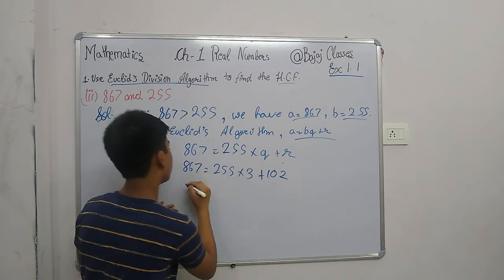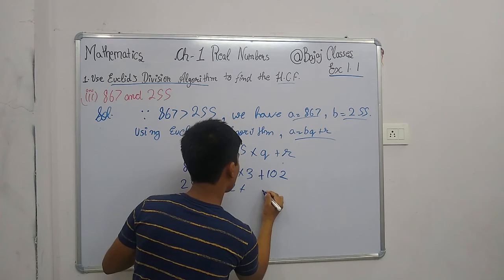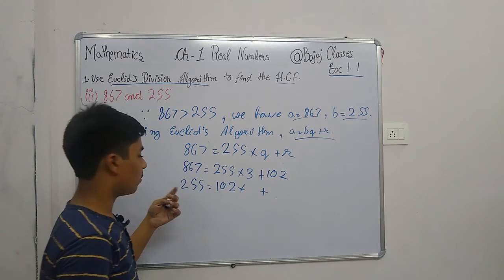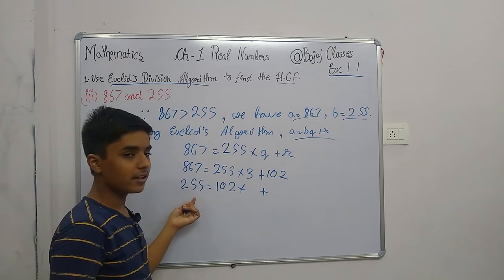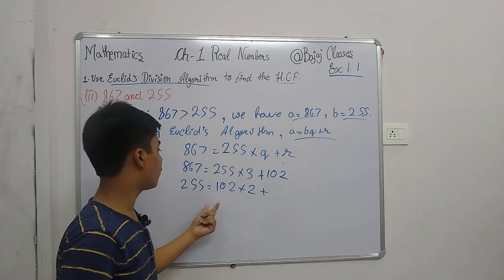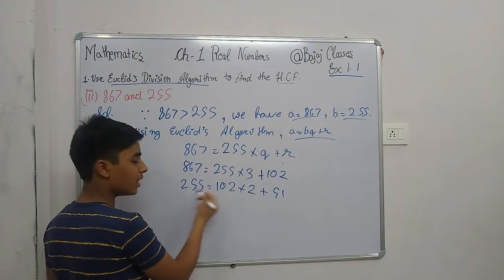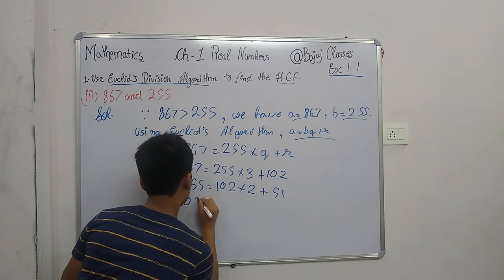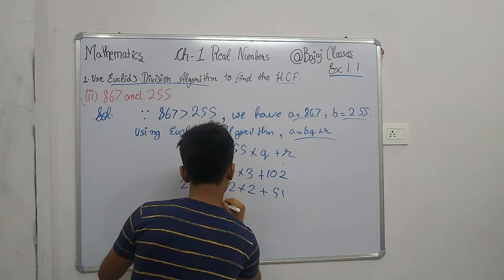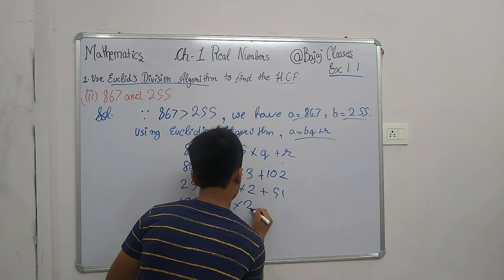Now this second value will be our first value. 255 equals 102 into Q plus R. If we multiply 102 by 3, it will be greater, so we will multiply by 2. So 102 multiplied by 2 equals 204, and the remainder is 51. Now in place of the first value we take the second value: 102 equals 51 into 2 plus 0.